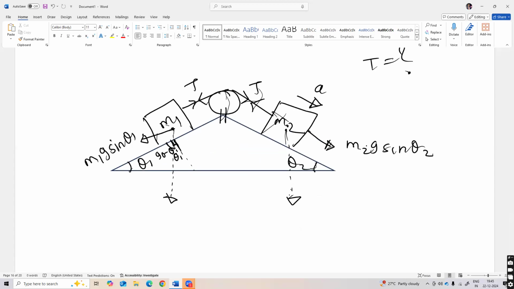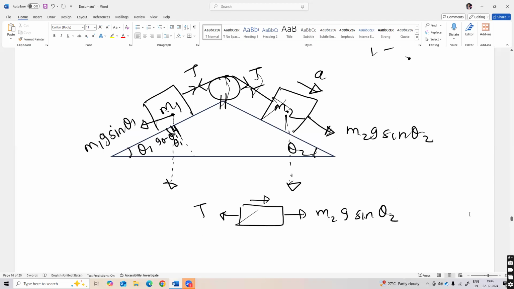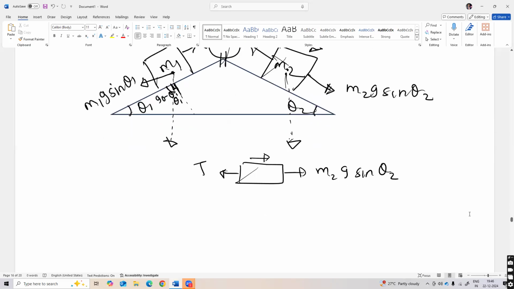So now if we draw the FBD of this mass m2, then we have acceleration a, then force m2 g sine theta 2, and there is tension T. This mass is m2.